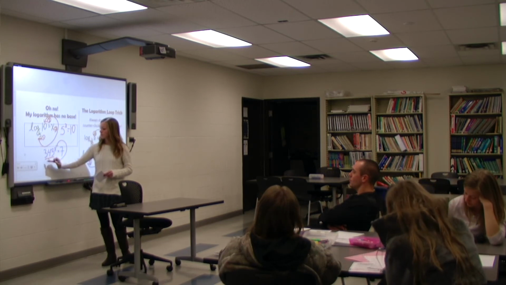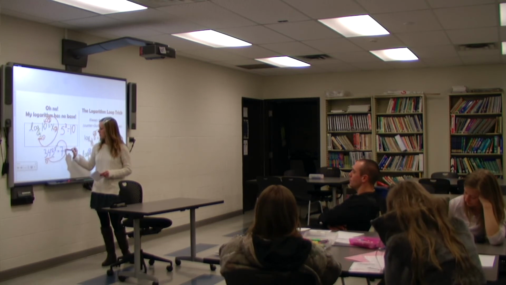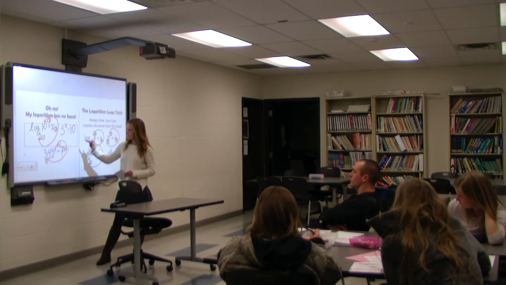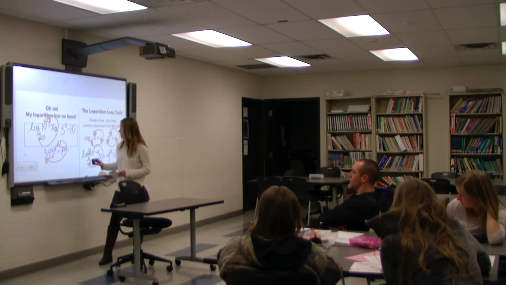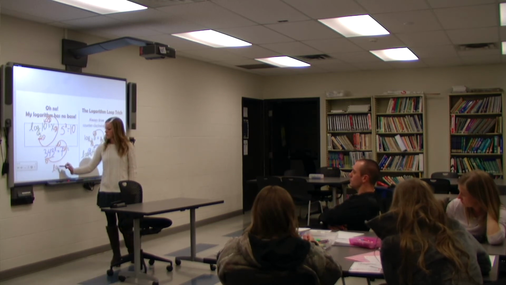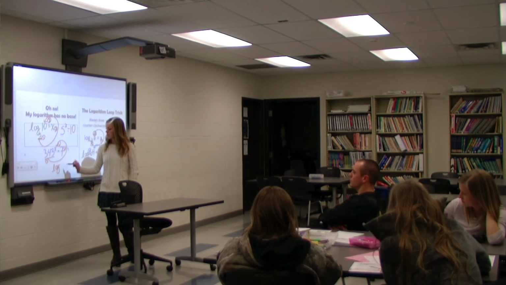So we're going to start with the first thing, second thing, third thing. So I'll model this one for you guys first, and then we can do another one together. Okay, so then we're going to always write down log first if we're going from exponential to log.